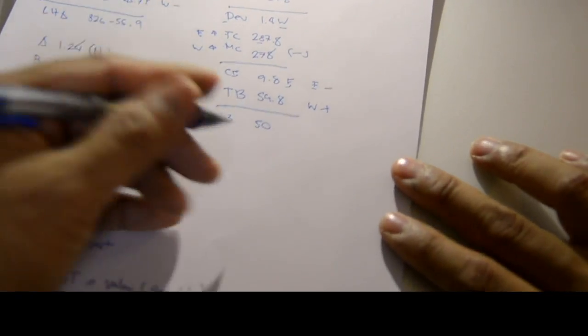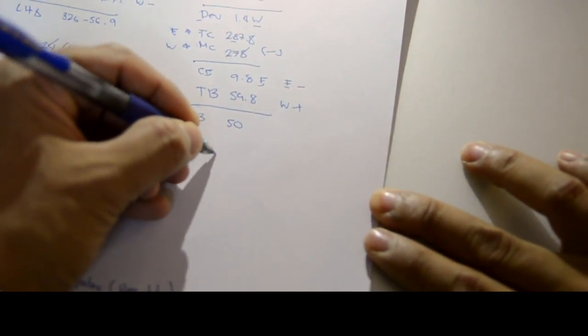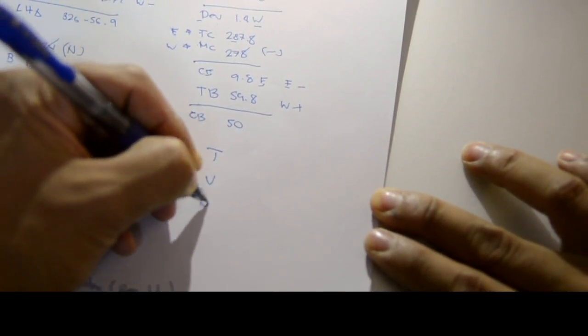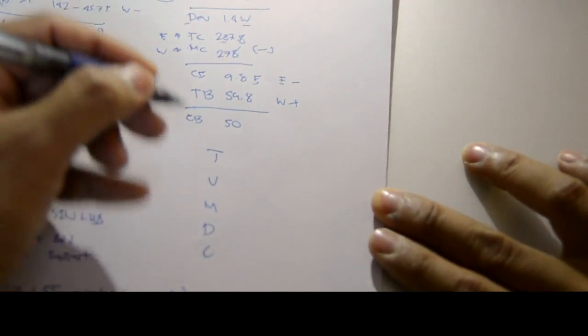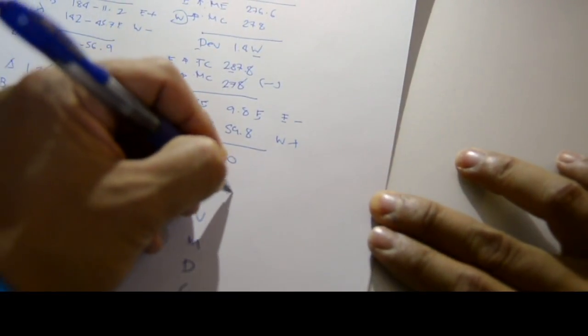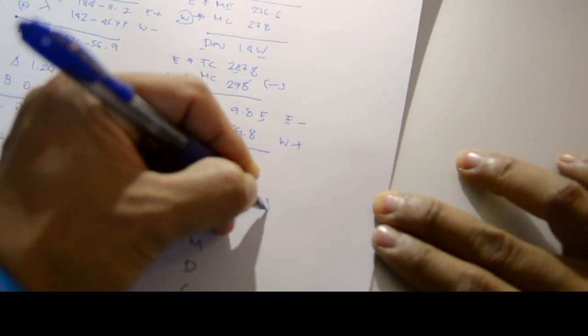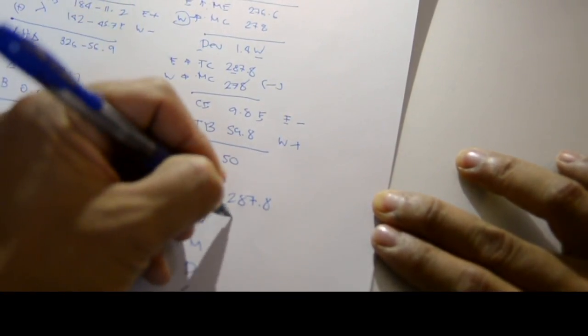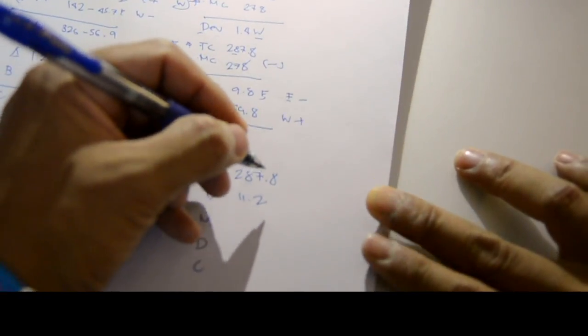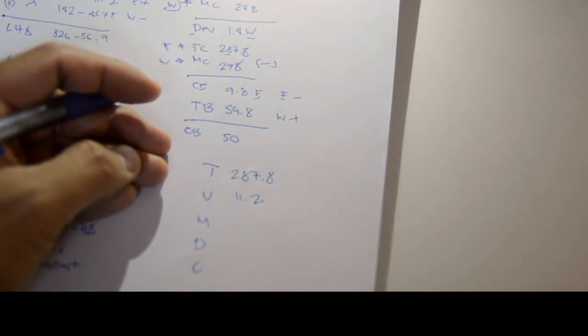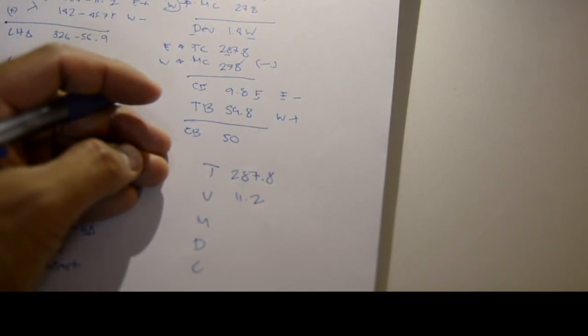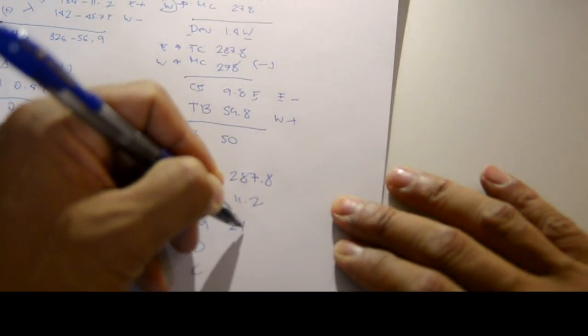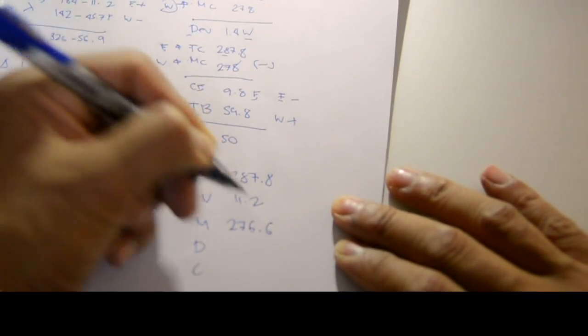Okay, for correcting: T, V, M, D, C. True course 287.8. Variation is 11.2, so equals 276.6.